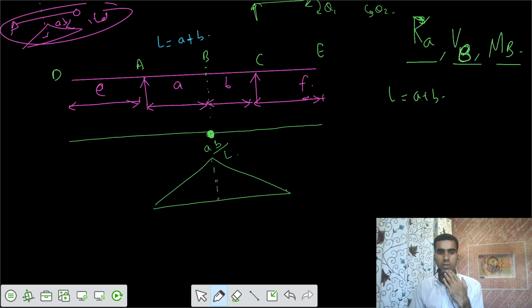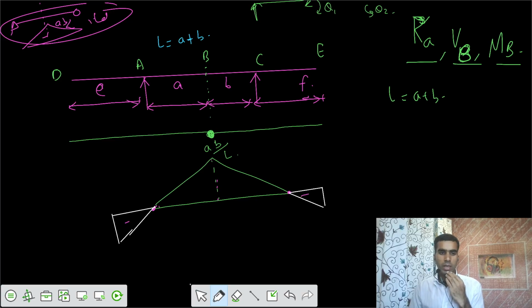Now once support A is here and support C is here, once support A has gone in this fashion, the overhang would be downwards. And similarly for the support C, the ordinate CE would be downwards with respect to that point C. So this would be a variation of that overhang also. So the ordinate here would be negative.